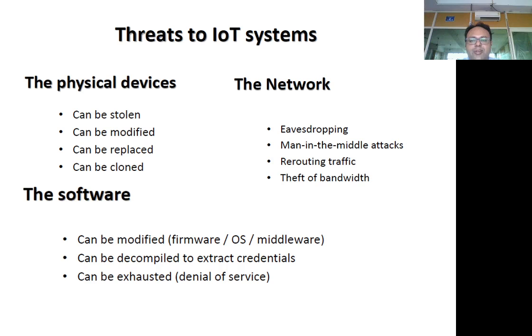So there are different phases we have studied, but security is one of the biggest concerns of this, and there are different areas of security concerns. One is the physical devices. It can be stolen, it can be modified, it can be replaced, it can be cloned, right? And in the software, there are some security issues.